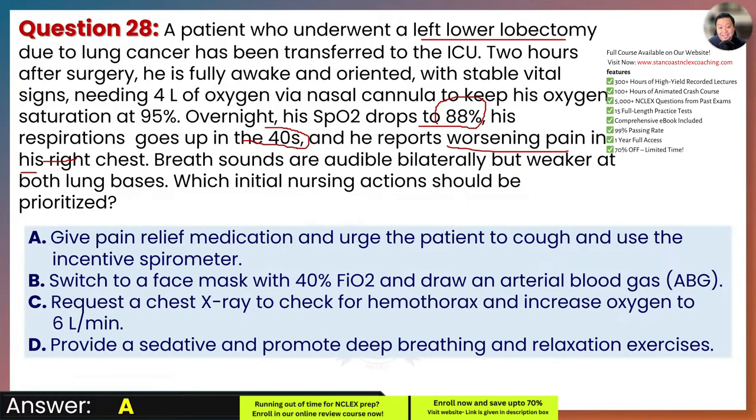before escalating the treatments. Now, why are the other options incorrect? We have B, C, and D. Why are these options incorrect? Well, with letter B, switching to a face mask with a 40% FiO2 and drawing an arterial blood gas, we know that increasing oxygen and checking an ABG could be useful for evaluating gas exchange.